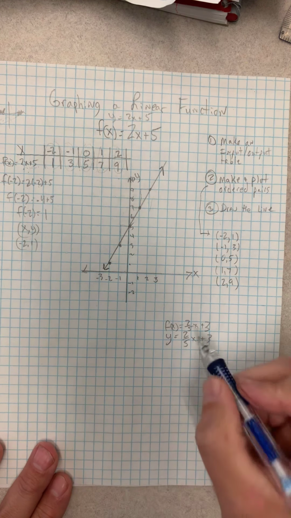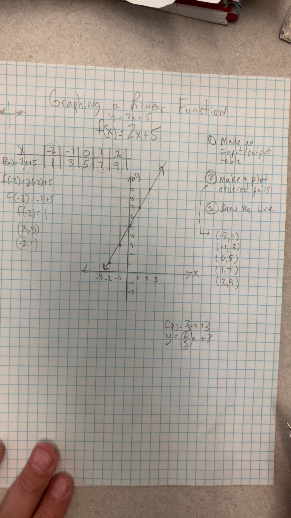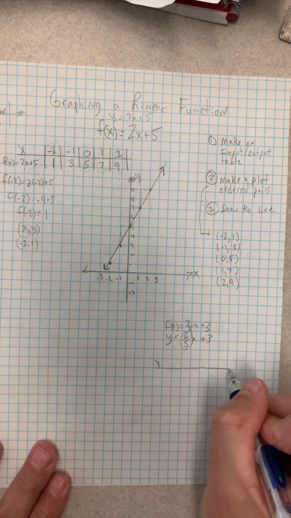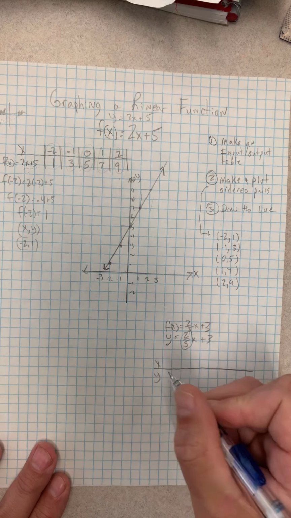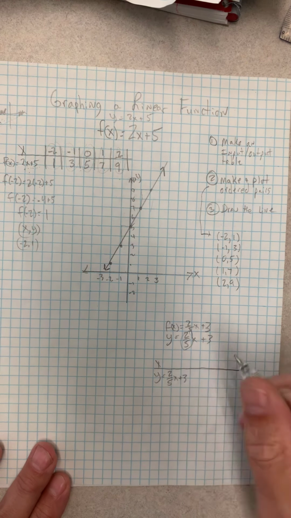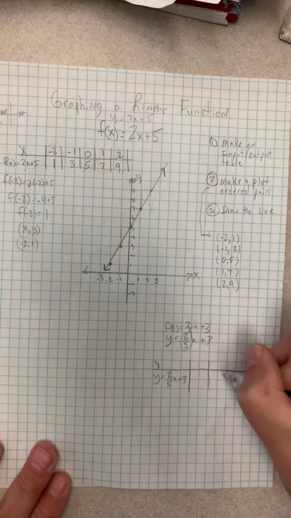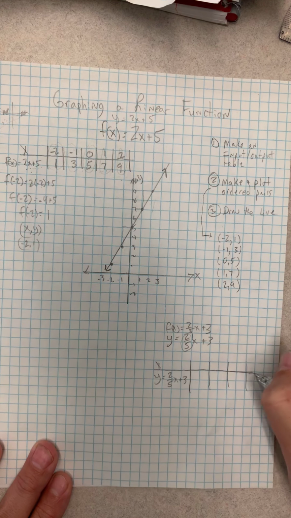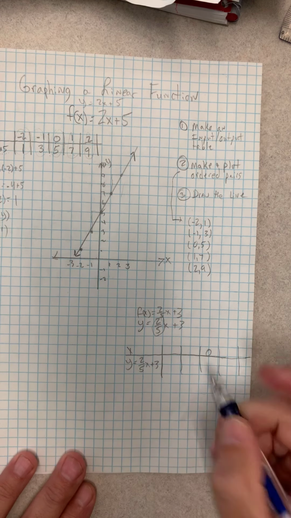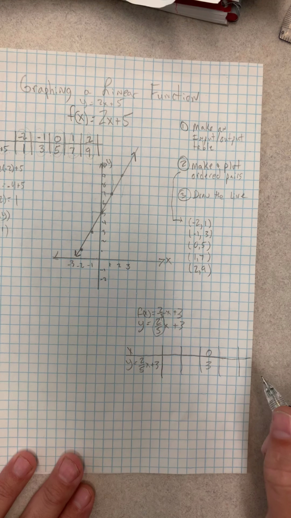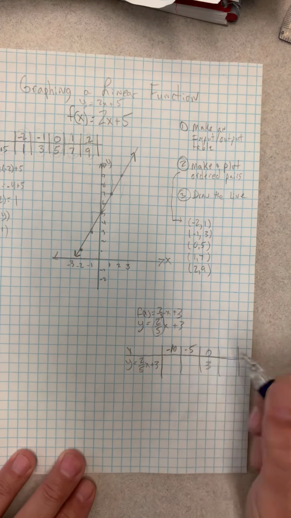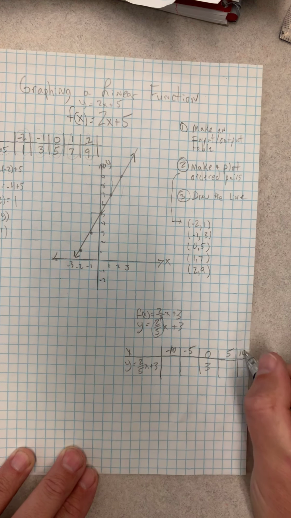When you make a table with something that has a fraction in front of it, I would absolutely choose values of x that make this easy to plug in. 0 is still a nice easy one to choose, because if I plug in 0, I know it's 3. I'm going to choose -10, -5, 5, and 10.